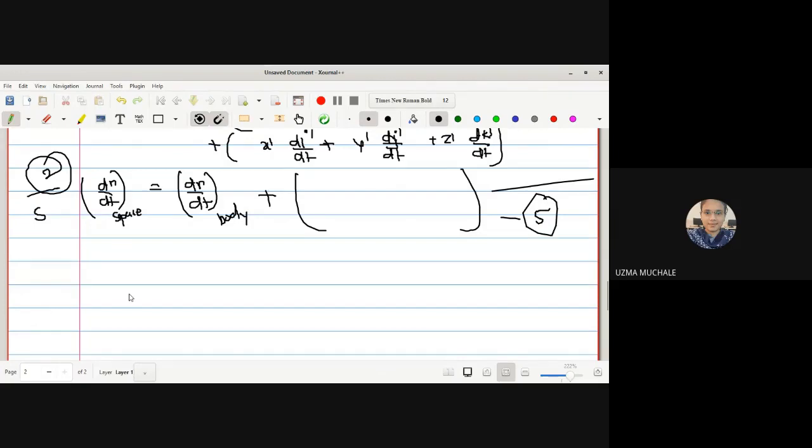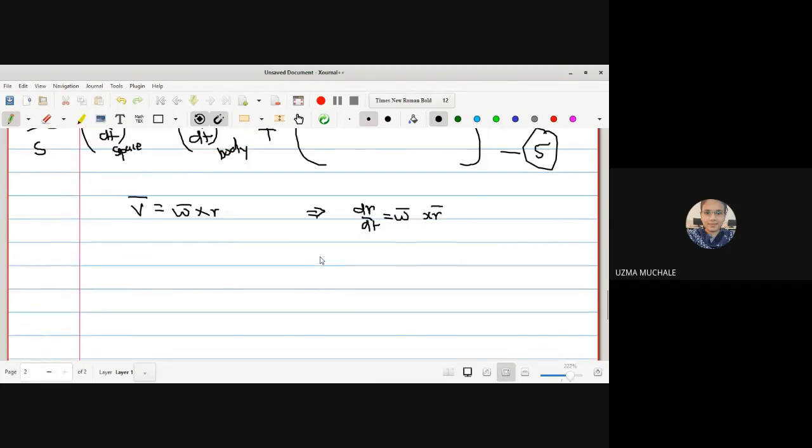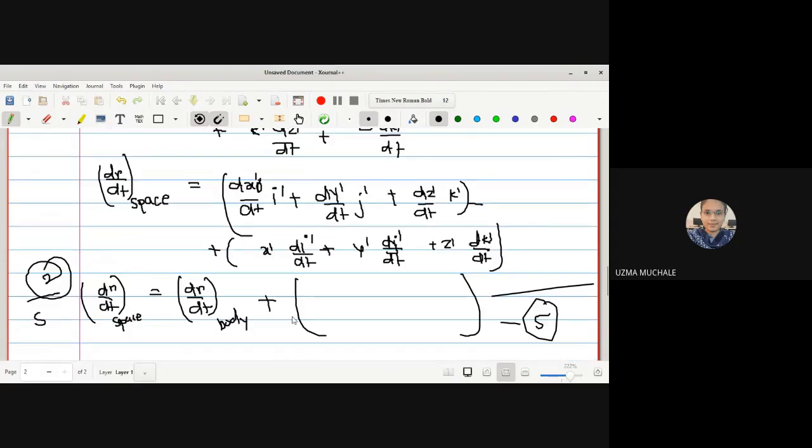We know the relation between angular velocity and linear velocity: v is equal to omega cross r. So we can write dr by dt is equal to omega cross r, and dr by dt is nothing but velocity, since the rate of change of a position vector is velocity. In a very similar way, I can write the value of di dash by dt, since we have to find out those terms only.